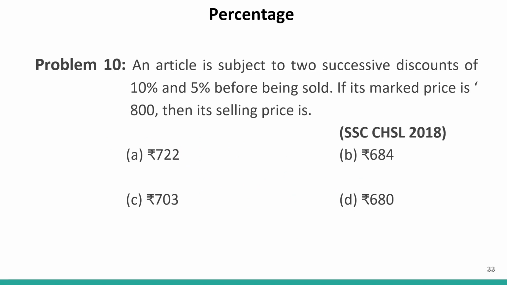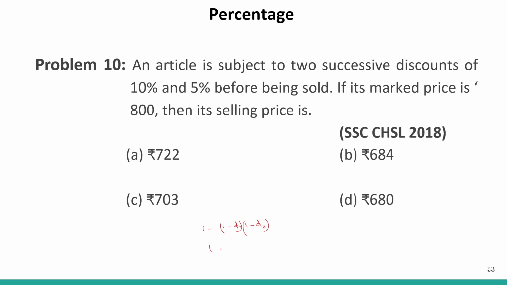Let's solve problem number 10. An article is subject to two successive discounts of 10% and 5% before being sold. So if its marked price is 800, then its selling price is? Okay. So we know the cumulative percentage formula, that is 1 minus d1 into 1 minus d2.